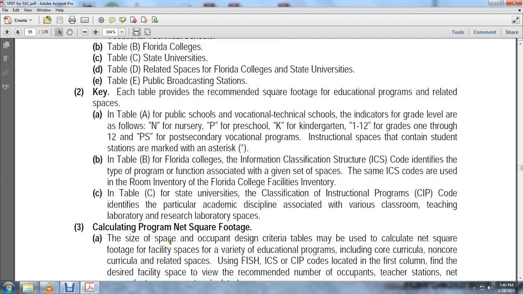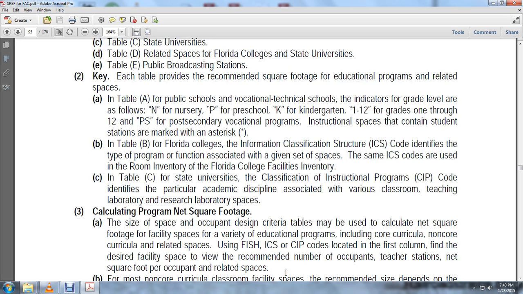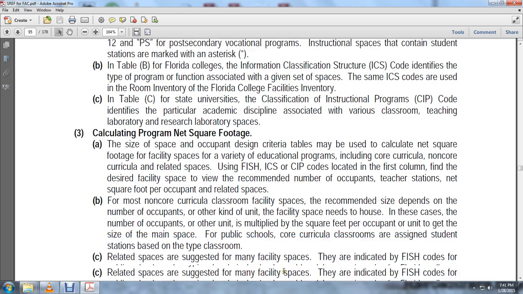Calculating program net square footage: the size and occupant design criteria may be used to calculate net square footage for facility spaces, for a variety of educational programs, including core curriculum and non-core curriculum related spaces. Using the FISH and the Information Classification Structure and the Classification of Instructional Programs located in the first column, find the desired facility space, recommended number of occupants, teacher stations, and net square feet per occupant, and related spaces.